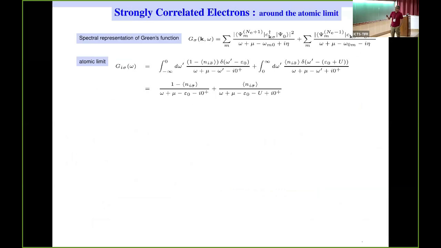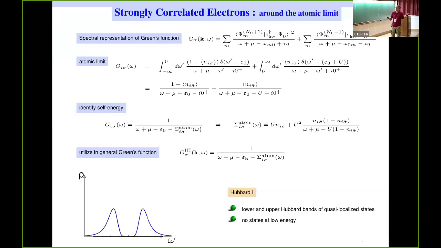Now we have it in this somewhat more complicated way, but we can easily write it by just enforcing that it has to be this kind of structure, and we rewrite it analytically so that we have it in that form mathematically. Then we can identify the self-energy of that atomic problem. The physics structure is not so important at the moment, it's just that you can do so, and you would have a self-energy for your free atom.